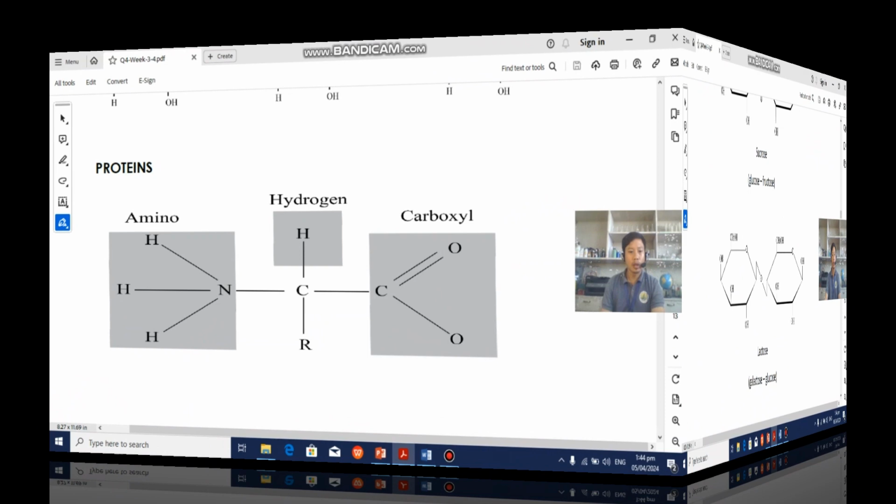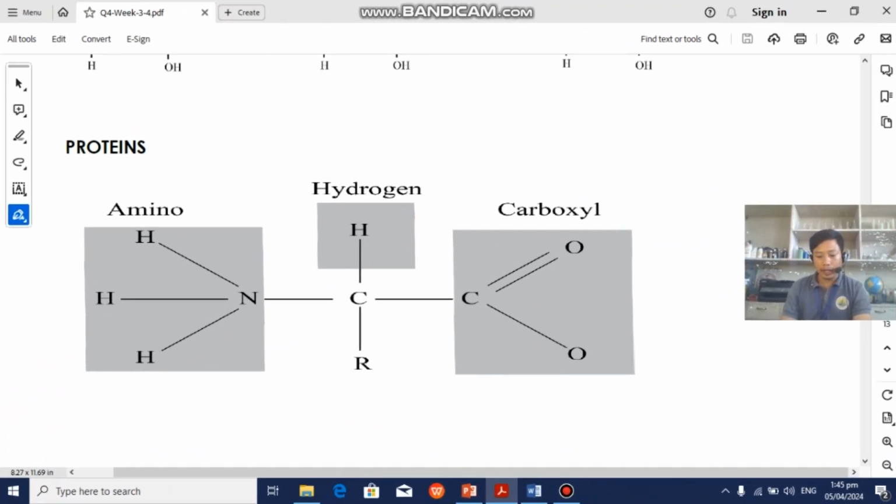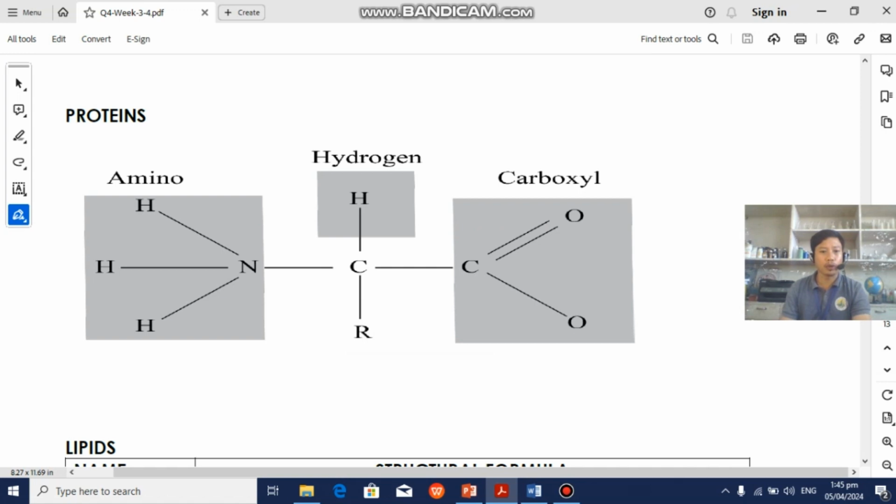This time, we will go to the second essential biomolecule in our body, and this is proteins. So this is the structural formula of proteins. Have you noticed the different elements present in proteins?